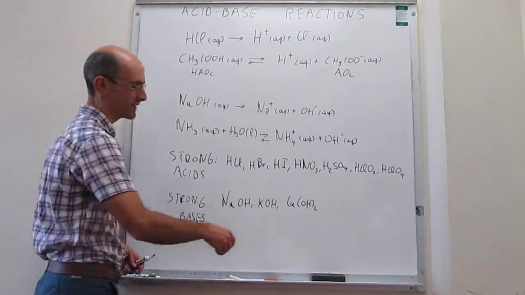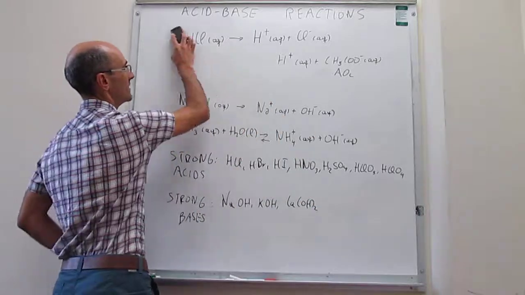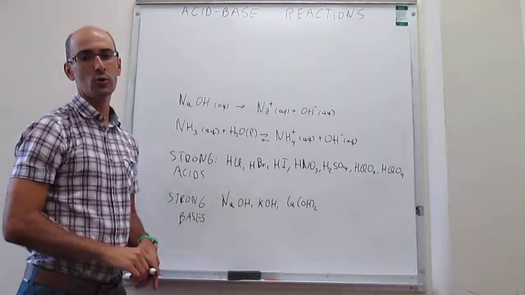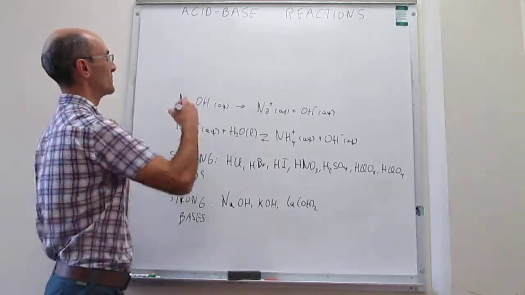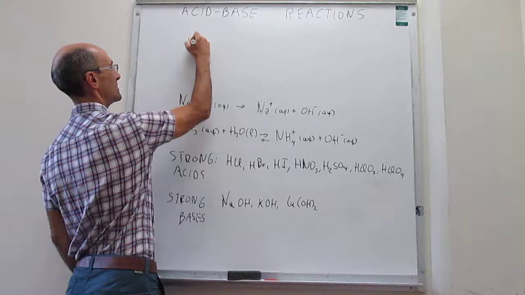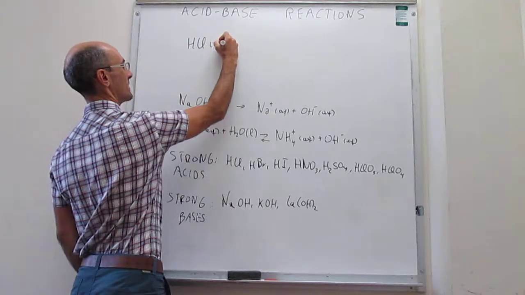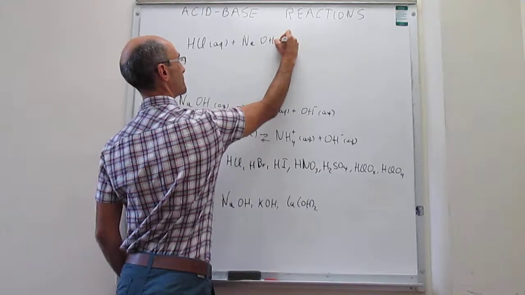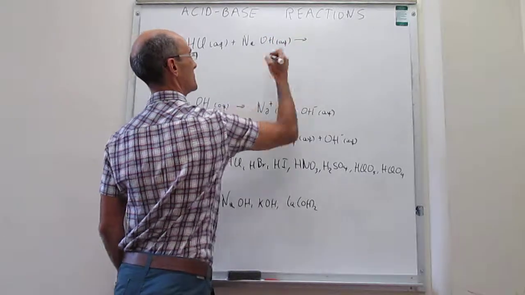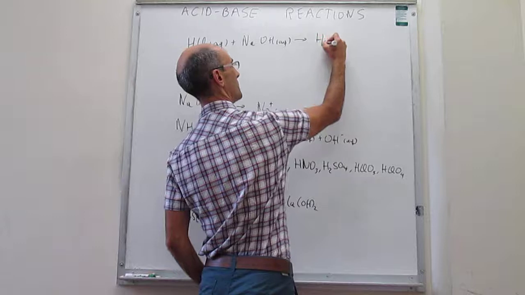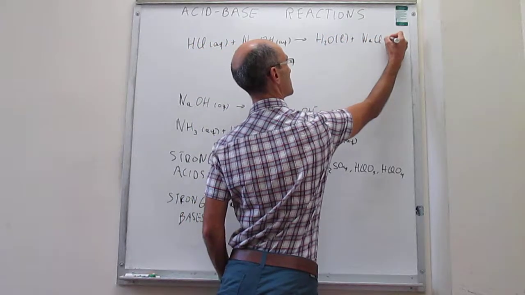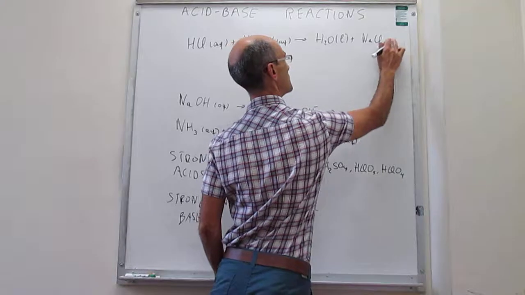We can actually get it started here a little bit, just to show that an acid-base reaction is often called a neutralization reaction. So for example, let's make a strong acid, hydrochloric acid, react with a strong base, sodium hydroxide. This is going to generate water and sodium chloride, which is soluble.